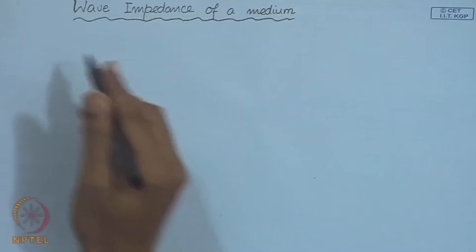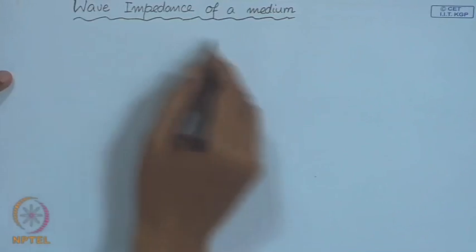So, this resistance is resistance to setting up of this harmonic wave. This we roughly term as impedance. We will make the exact definition as we proceed. So, impedance is the resistance offered by a medium to setting up of harmonic waves in a medium. So, that we will call as the wave impedance of a medium.